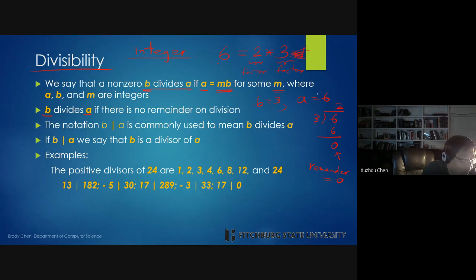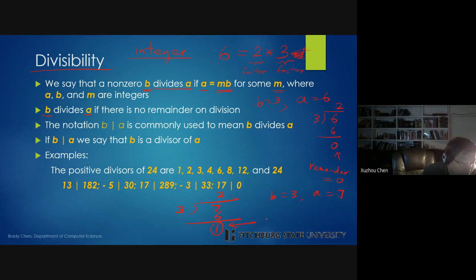Now, if b is 3 and a is 7, let's do the elementary division, 7 divided by 3. The quotient is 2, 2 times 3 is 6, and 7 minus 6 is 1. Then 1 is smaller than 3, so you cannot do any division anymore.